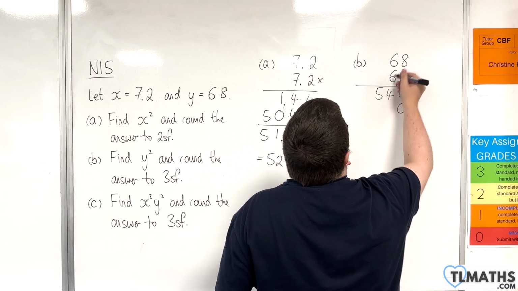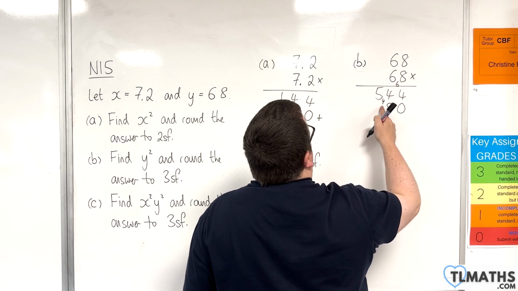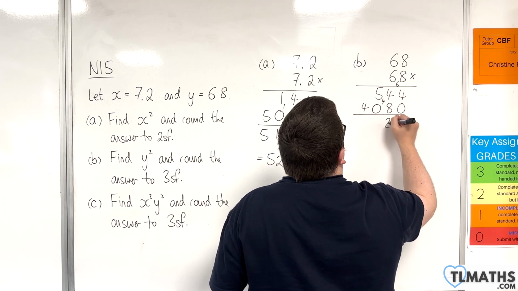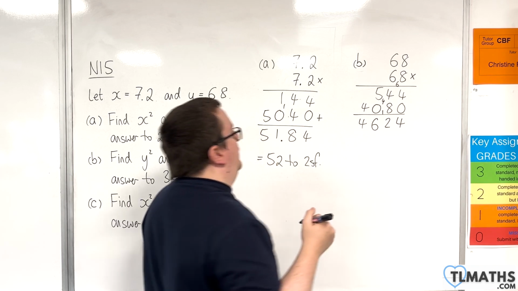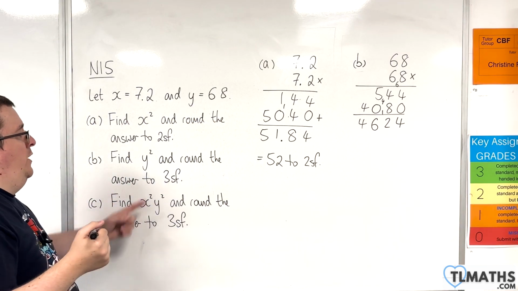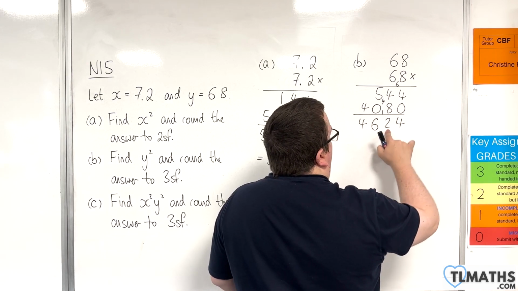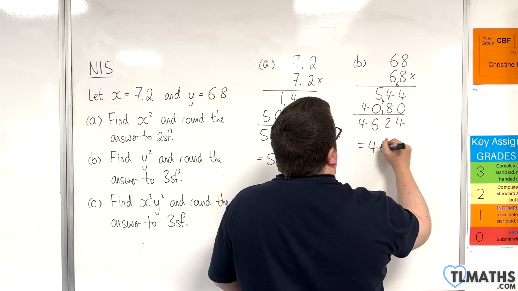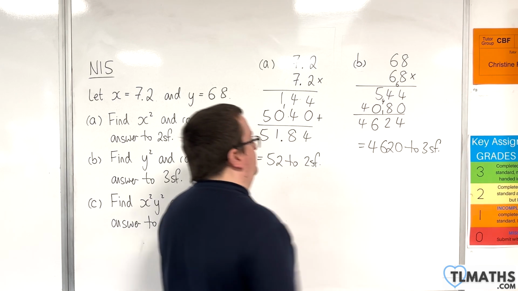Put in a 0, 6 8s are 48, 6 6s are 36, plus the 4 is 40. Add those two together. So 4,624, which to three significant figures, here's the third significant figure. The number to the right is 4, so we round down. So this is 4,620 to three significant figures.